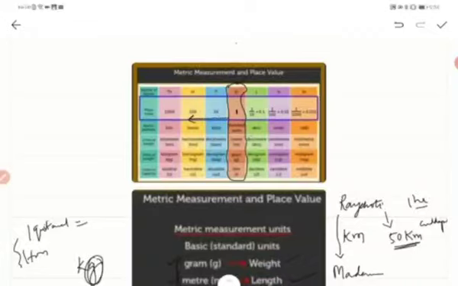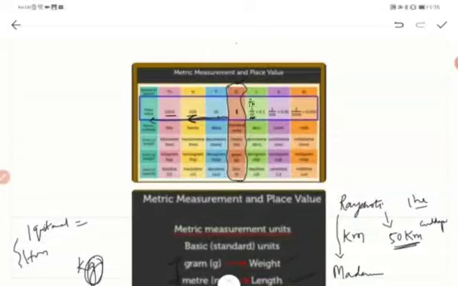Okay, this is 10, and this 10 is again multiplied by 10, so it becomes 100. This 100 is again multiplied by 10, it has become 1,000. So from the standard units, as you move from right to left, it is increasing. When you come from right to left, here we are multiplying, and this side it is divided by 1 by 10.